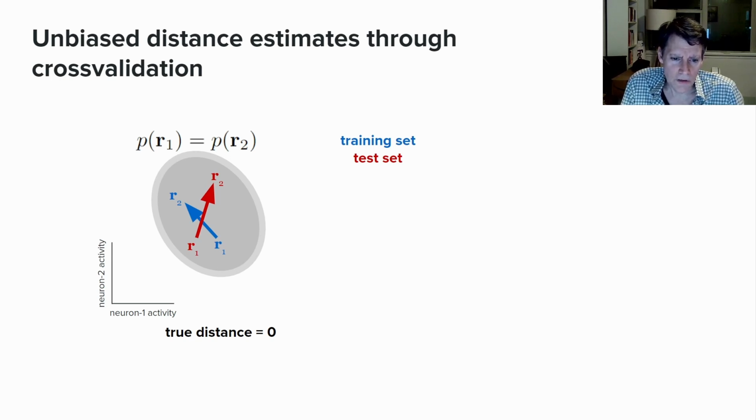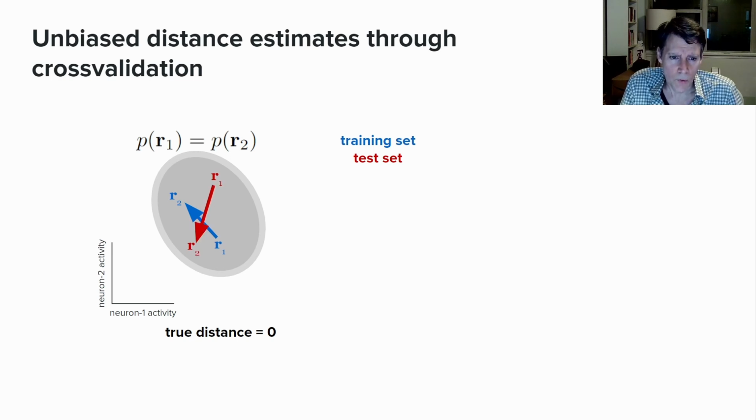Now the key point is if the true distance is actually 0 and the patterns are all drawn from the single distribution here, and they're independently drawn from that distribution, then we're equally likely to get this difference vector between the two patterns, or exactly the opposite difference vector.